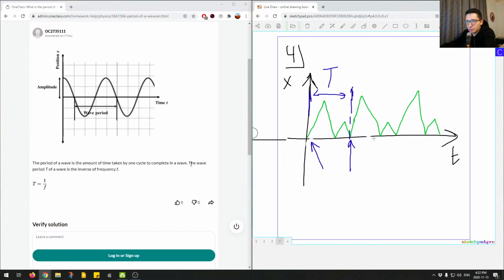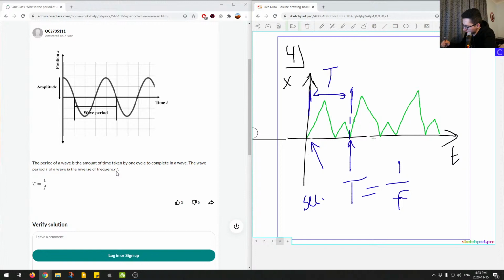And then the other thing that's important to know is, here they have the definition: the period of a wave is the amount of time taken by one cycle to complete in a wave. The wave period T of a wave is the inverse of frequency. So a very important formula to know is that period is the inverse of frequency. Units for period are usually seconds, or some unit of time.